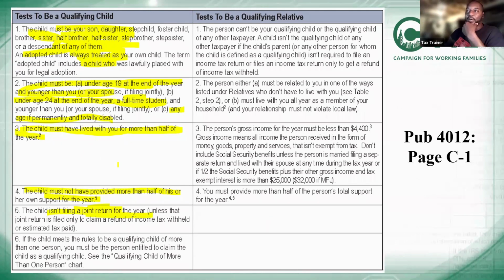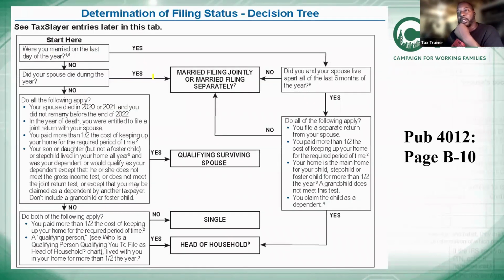So once I'm a qualifying child, I can figure out like, all right, well, maybe my filing status can be a certain thing. So I'm not single, I have a dependent. So I'm trying to see if I can be considered head of household. So was I married on the last day of the year? I actually was married, right? And so my answer would be yes.